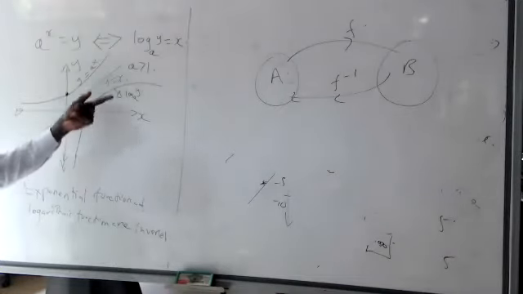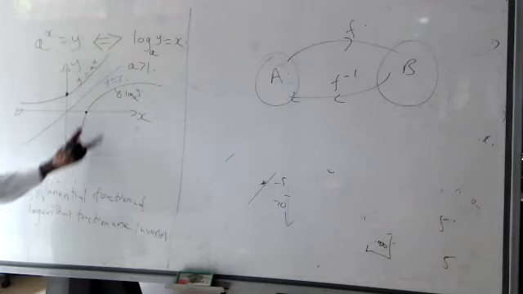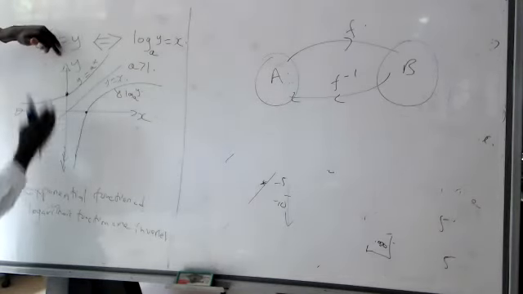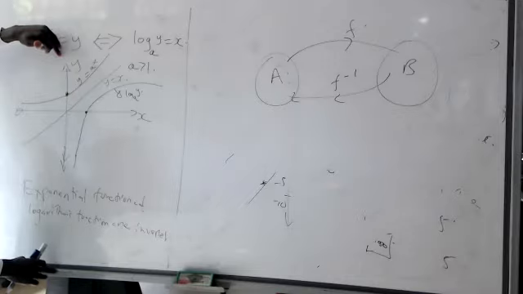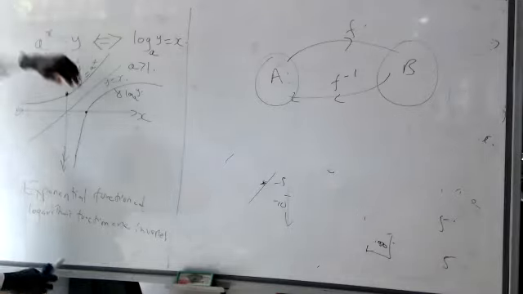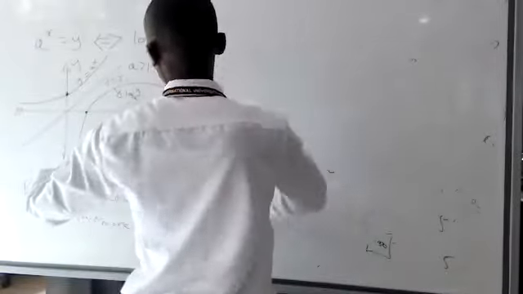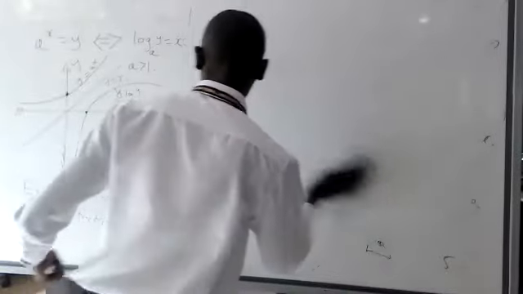So in general, this is how graphs of logarithmic functions look. They will have the vertical axis as an asymptote. This is when a is greater than 1.